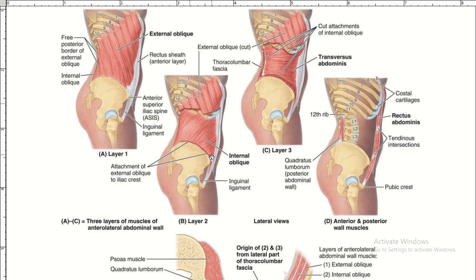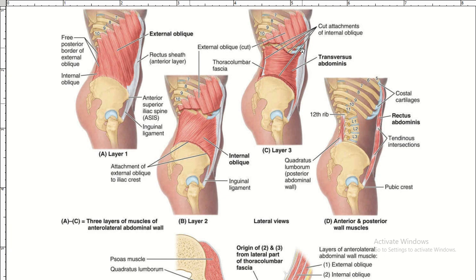You're going to look at this when we do the inguinal region. And then if we reflect this, we have the transversus abdominis muscle. It also originates from the thoracolumbar fascia, as you can see here, and from the iliac crest, right here. But it does not originate from the inguinal ligament, and it attaches to the linea alba. You understand?